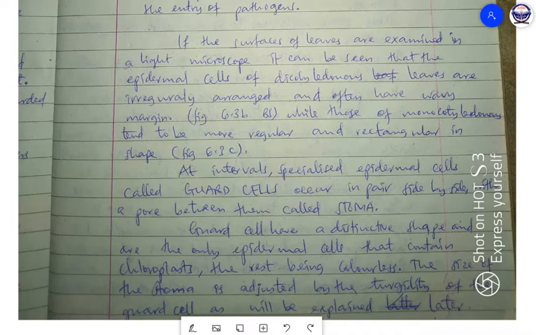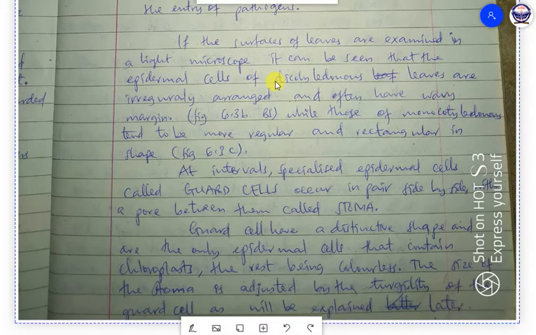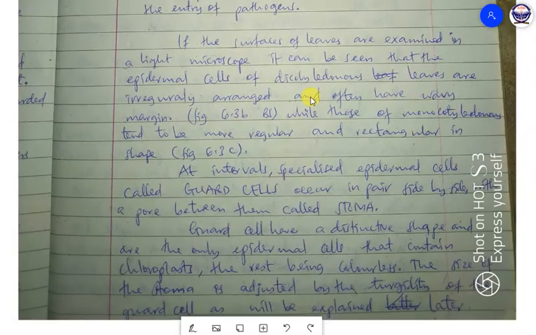So nachokisema ni kwamba if the surfaces of leaves are examined in a light microscope, it can be seen that the epidermal cells of dicotyledonous leaves are irregularly arranged and often have waxy margins, as you can see in figure 6.3b in BS.